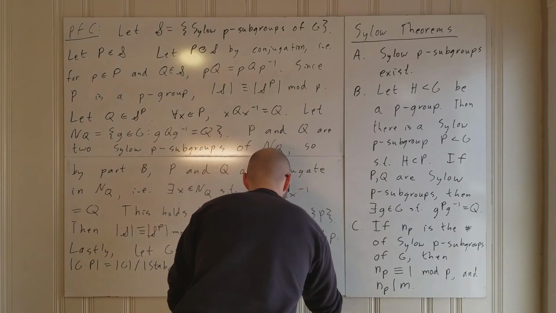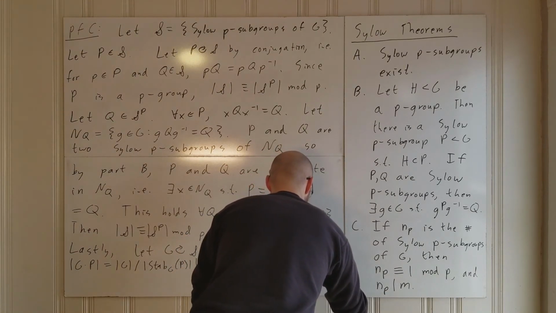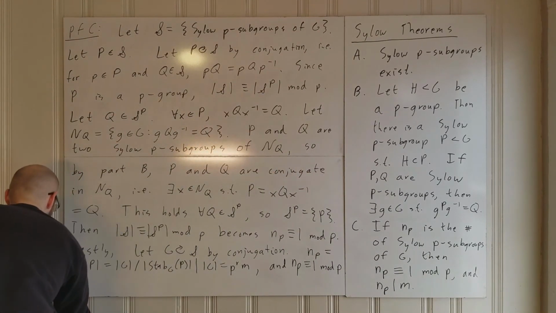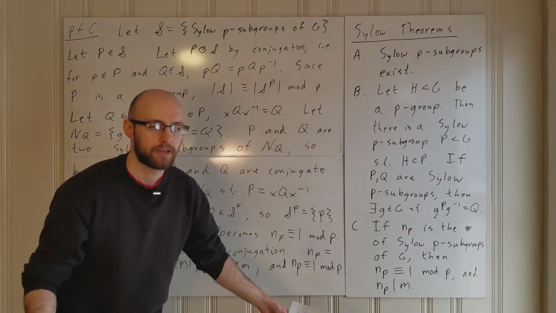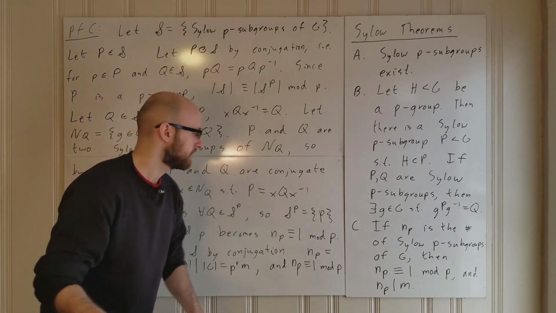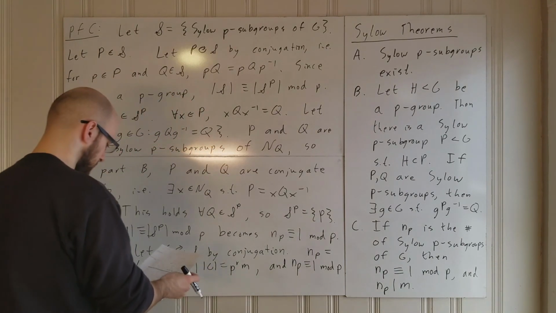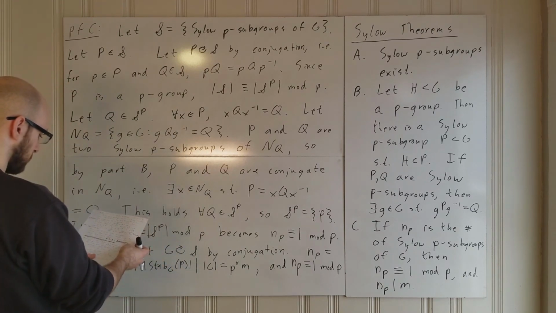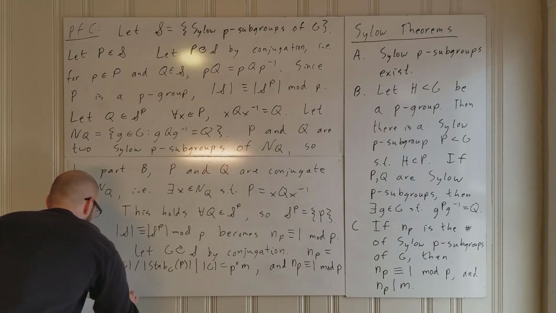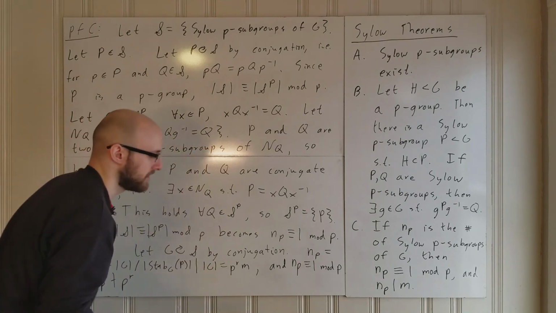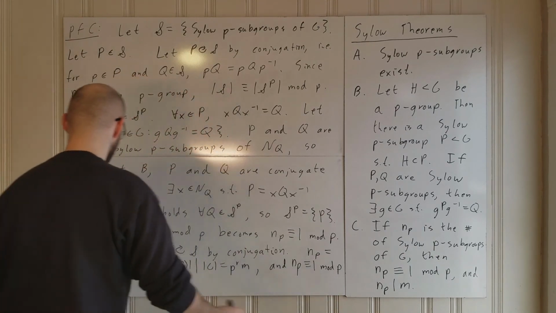And N_P is equivalent to 1 mod p. Well, if N_P is equivalent to 1 mod p, then it can't divide p to the r, because if it divided p to the r, then it would be equivalent to 0 mod p, which is not 1 mod p.